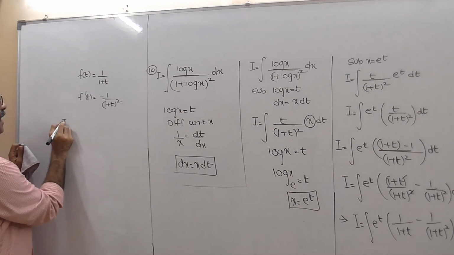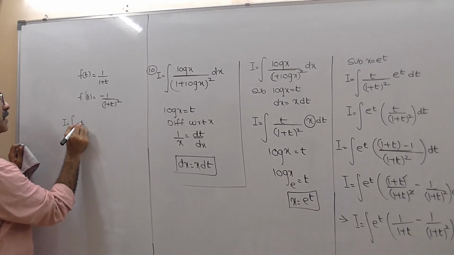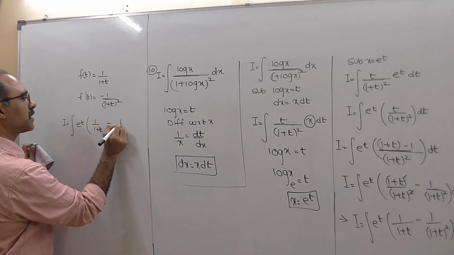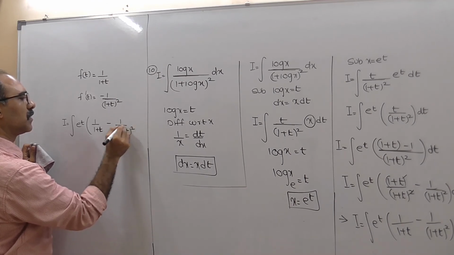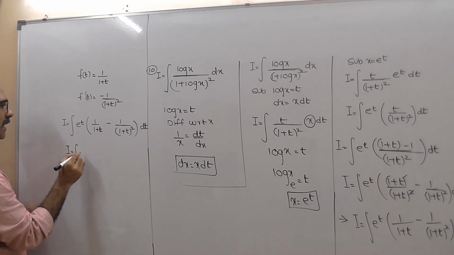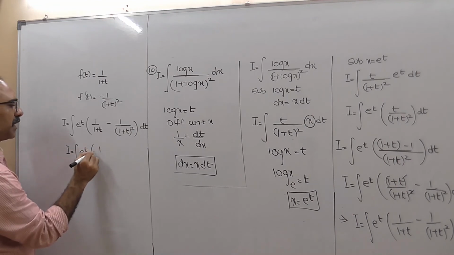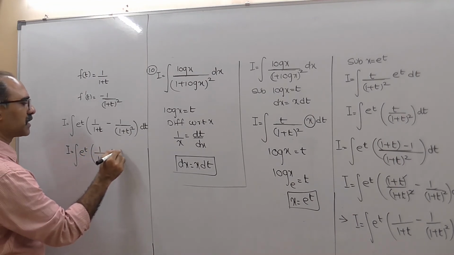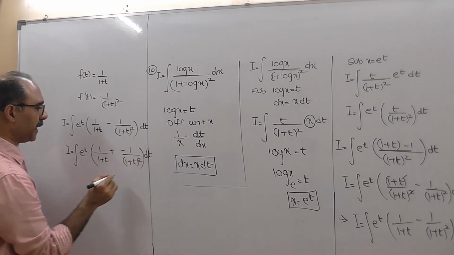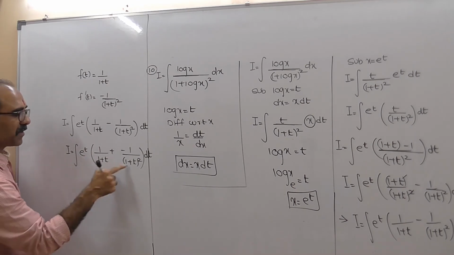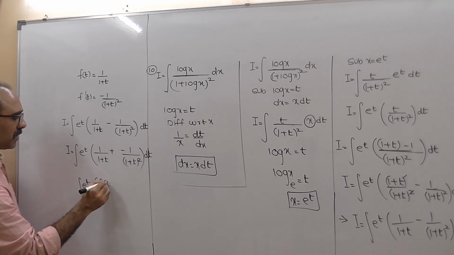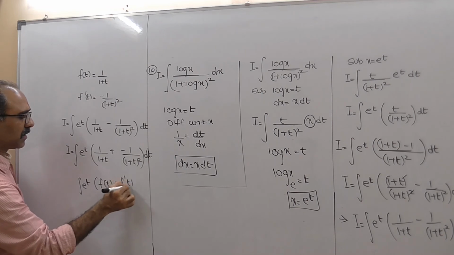My I was originally integration e raised to t, 1 upon 1 plus t minus 1 upon 1 plus t the whole square dt. This is in the form of e raised to t, f of t plus f dash of t.